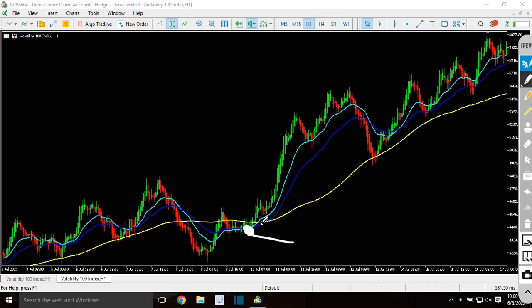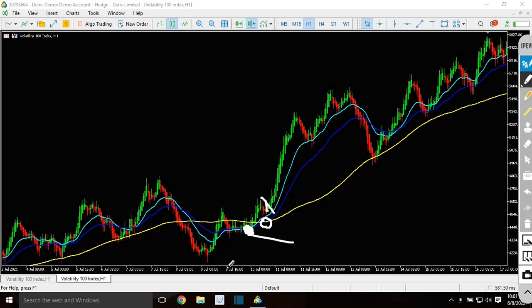So when these two cross over, at the same time you have a series of green candles heading up, and you have this 100 simple moving average again crossing below them. So this is a good sign that you would buy.